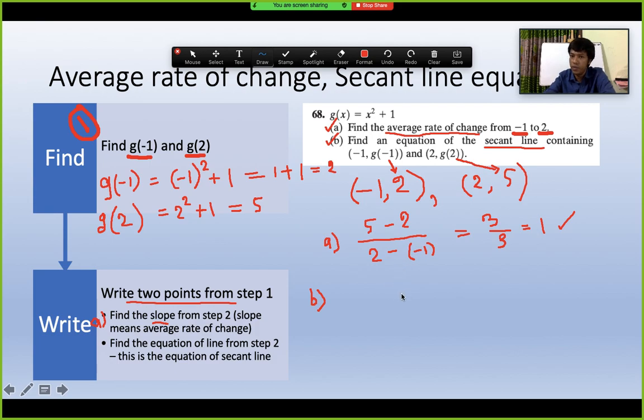And what is the formula for that? The formula is y minus y1 equals m into x minus x1. So let's suppose this is x1, y1. Y minus y1 means y minus 2 equals m into, so m we already know, 1, x minus x1, minus 1.